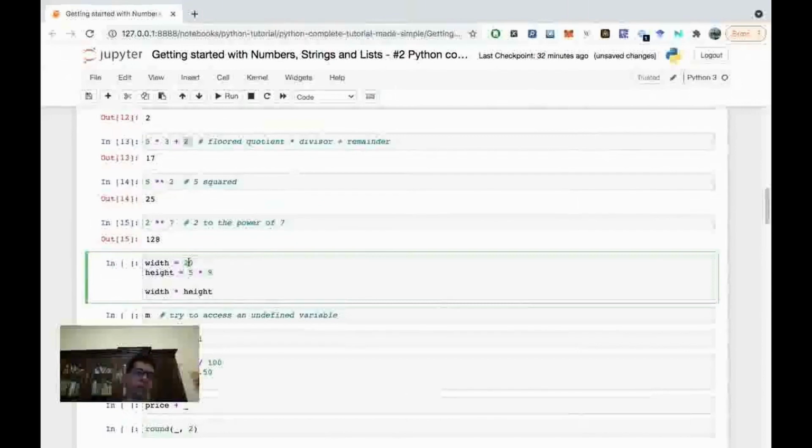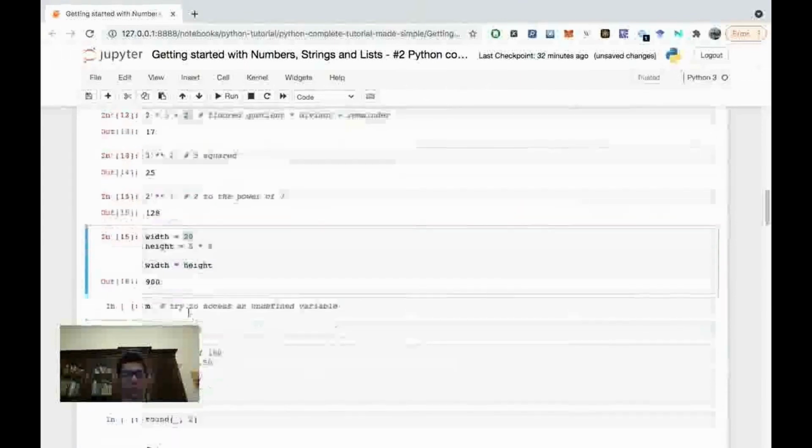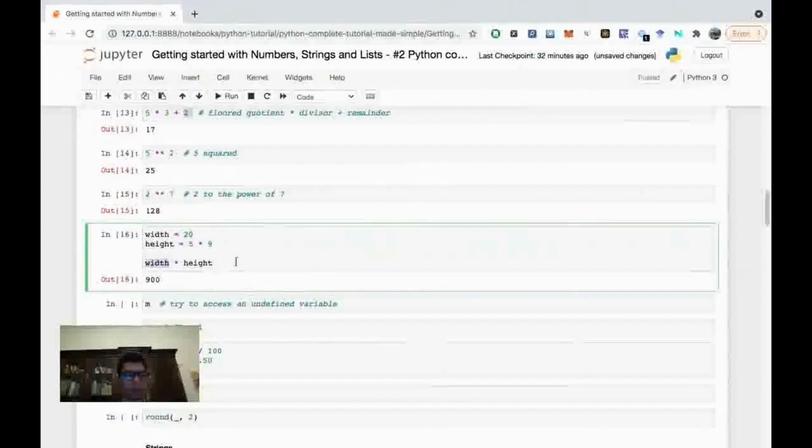We can plug this value in the variable width, and plug this operation in the variable height, and we will have something like this. 45 times 20 is 900, and we multiply with height.